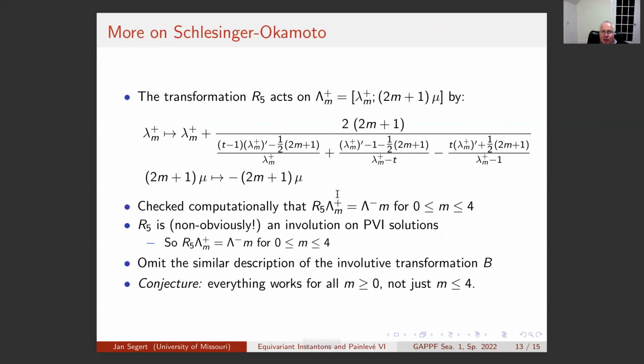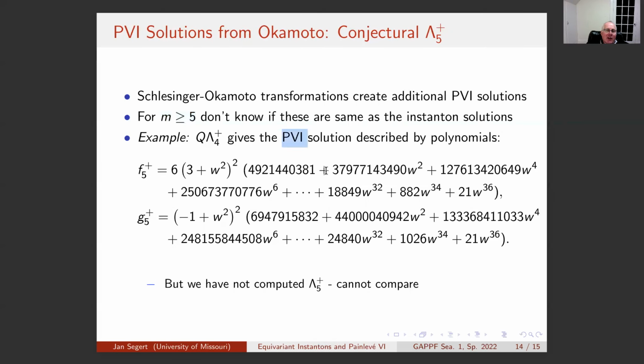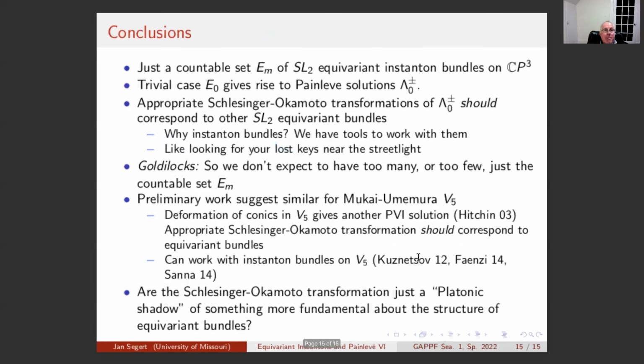Plug those into the formula for the main theorem, and you get a solution of Painlevé 6, which you can check as a solution, which has all the properties that a solution from the instanton E5 should give, but I don't know if it's the same as a solution for instanton E5 because I didn't compute the instanton E5, so I didn't compute the solutions directly. I can't compare, but I suspect that it is.